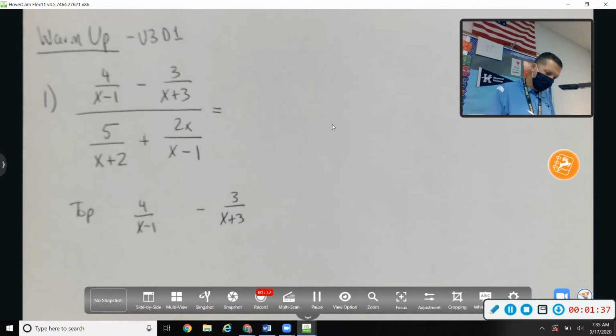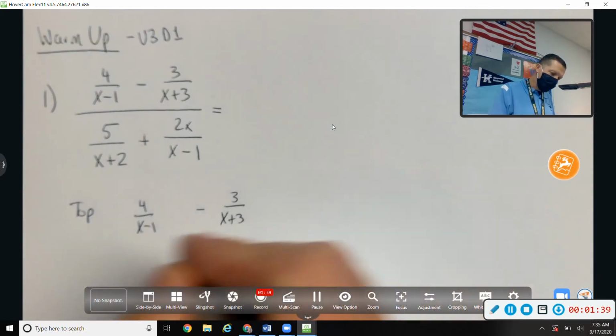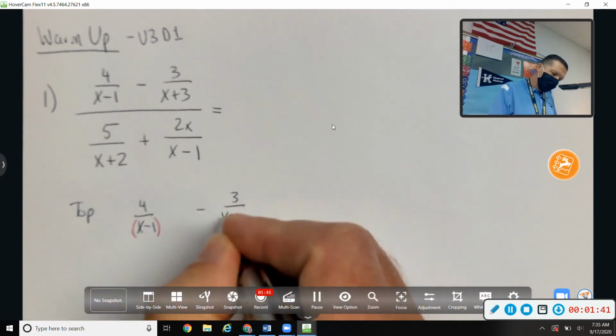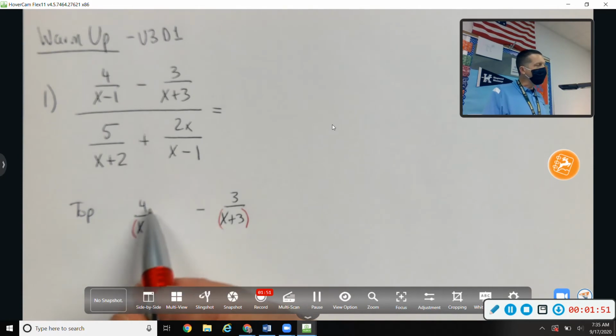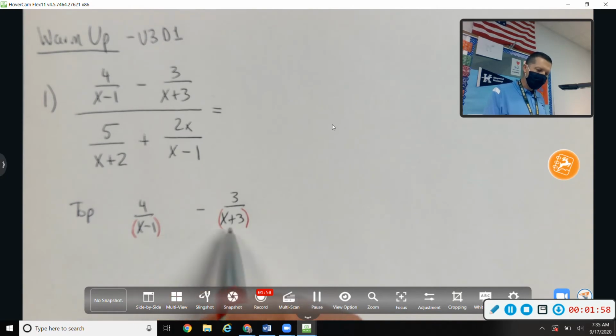All right, to add fractions, you need a common denominator. But the only way you can get common denominators is by multiplying stuff. So I can't take this denominator and say, oh, if I add 4, I'd get to x plus 3. Well, yeah, but adding 4 is not in the okay things to do. So I can't add 4 to that. That's not legal.